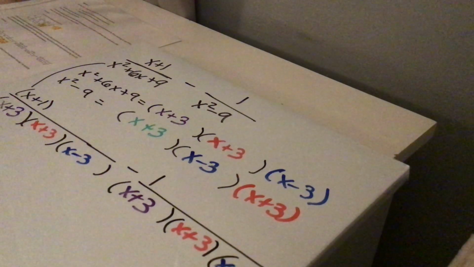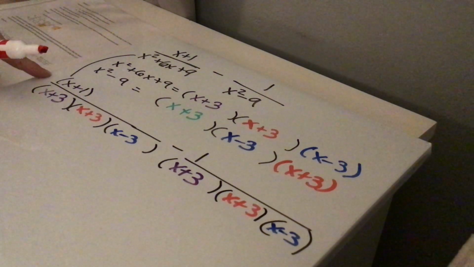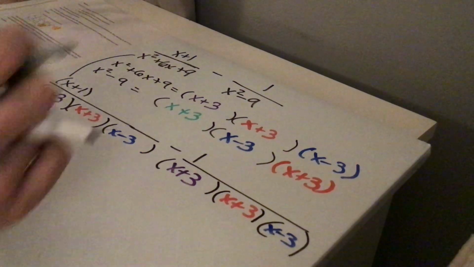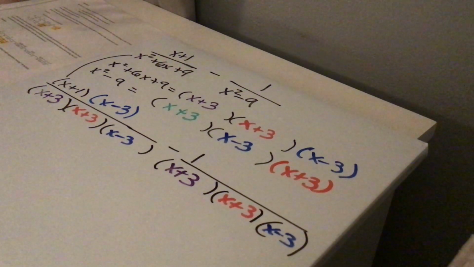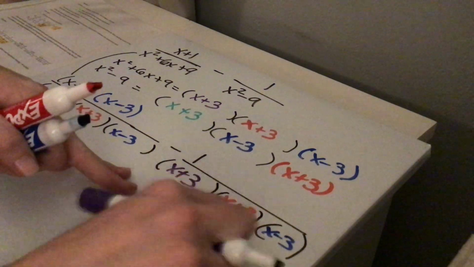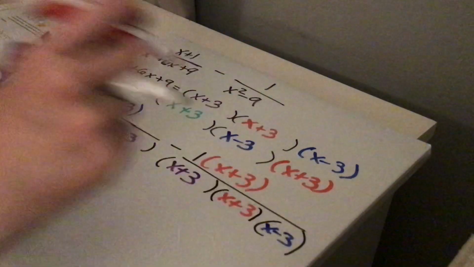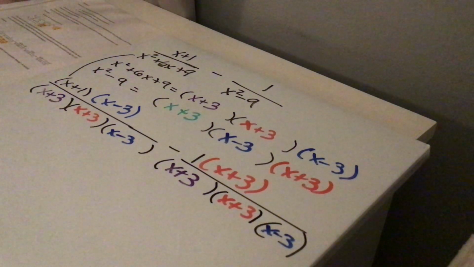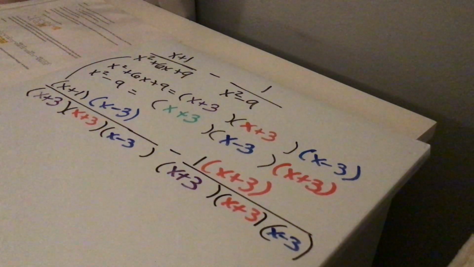To rewrite them, this first rational expression, I had to multiply this denominator by x minus 3, so I'm going to have x minus 3 here as well. And then in the second one, I had to multiply by another x plus 3 to make them the same, so I need to multiply the numerator there as well. Then it's a matter of multiplying everything out and simplifying.